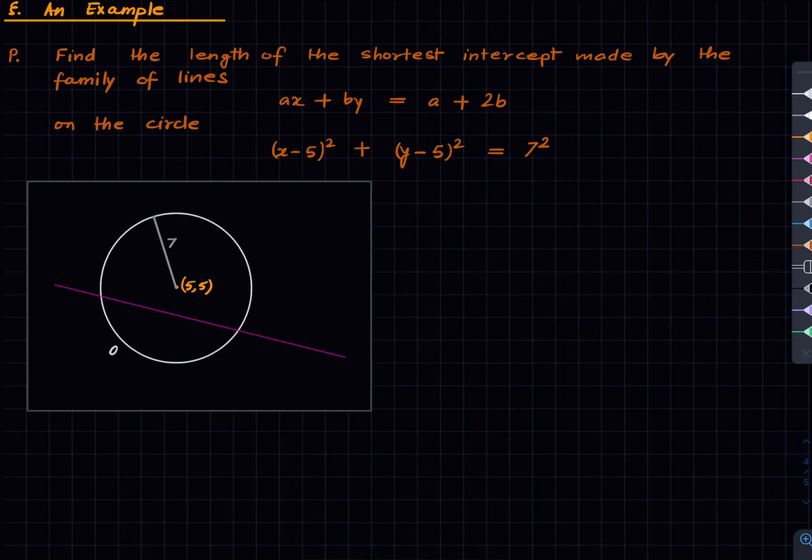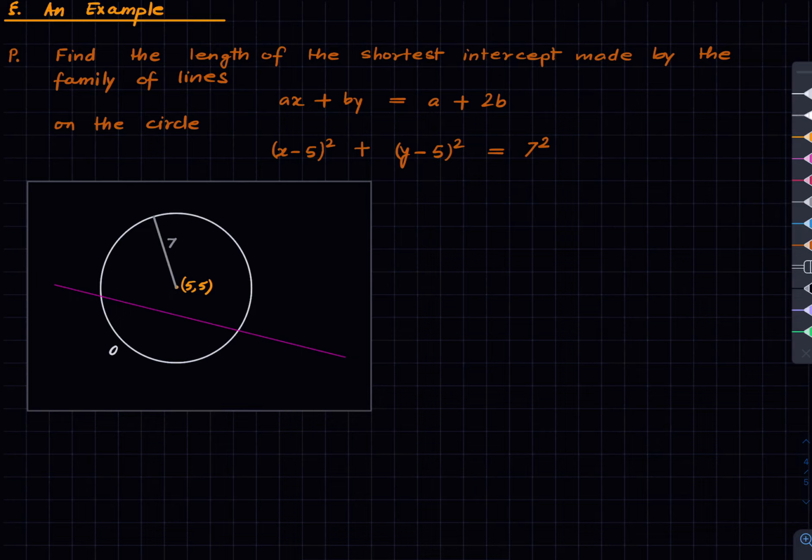Why? Because once you know the distance between this point and this line, you can calculate the half of the intercept by using Pythagoras theorem in this triangle. So to find the shortest intercept, we need to find the largest distance. So I hope the scheme is clear, and let's proceed.